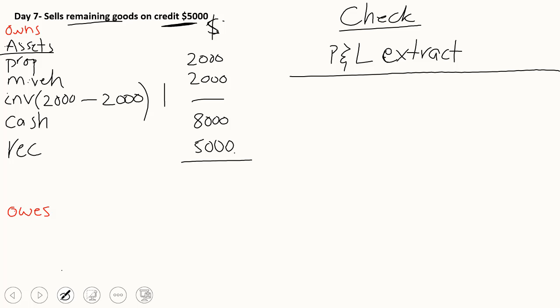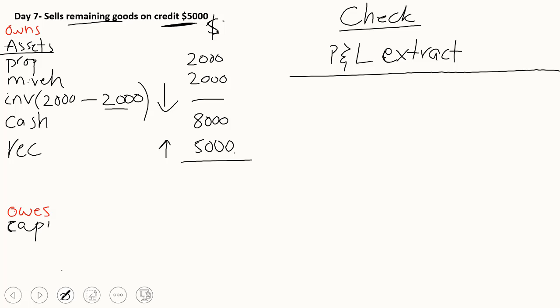So inventory has gone down and the receivable has gone up by 5,000. Now one thing you might have noticed again, inventory costing 2,000 is sold for 5,000. So what is this 3,000? It's profit, and let's see where it will go.